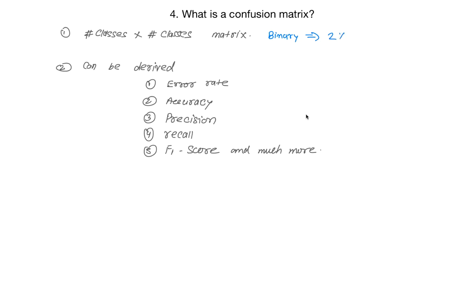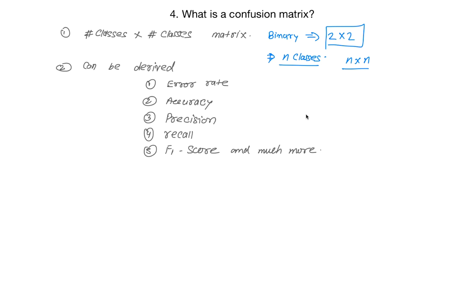In those two classes you will have a 2 by 2 table which you can call a confusion matrix. I'll explain that later. But if you have more classes present in your data, let's say n classes, then you will have an n by n table showing you a confusion matrix.